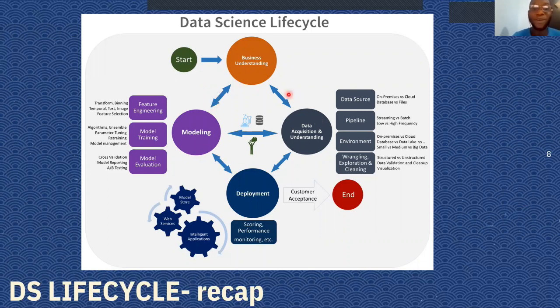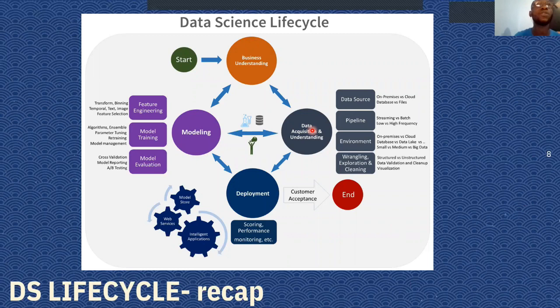You can go any route you want. Maybe the data is ready. For instance, if you go to data acquisition and understanding, you're going to look at what type of data. The point of this slide is that I'm going to spend a little time here to talk about the importance of remembering how the data science lifecycle works.